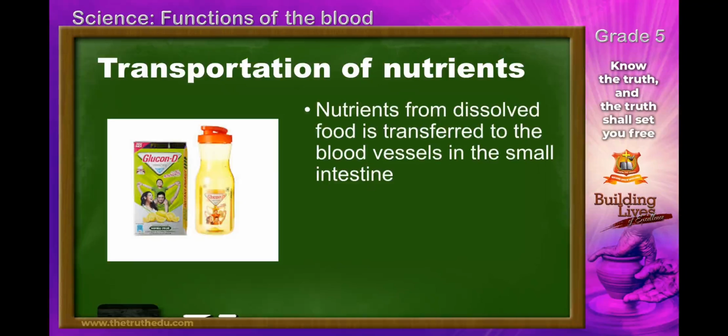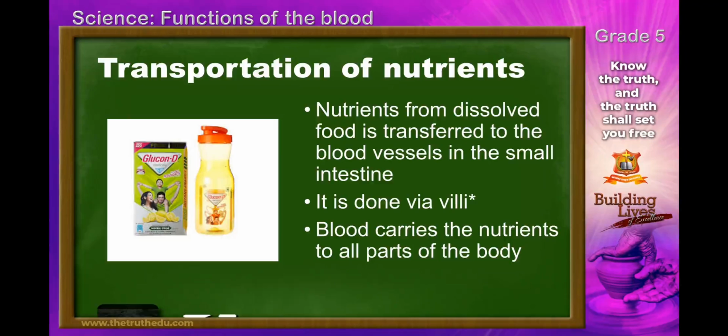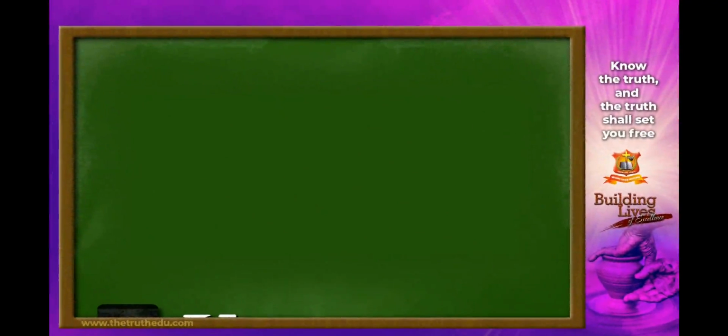Nutrients in our body are dissolved sugar. So nutrients from digested food are transferred to the blood vessels in the small intestine, and it is done via villi. We'll come to know what villi are later. Blood carries the nutrients to all parts of the body. That is how transportation of nutrients happens.